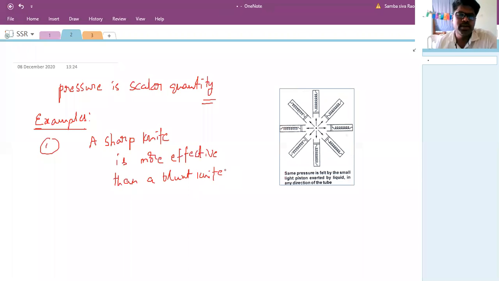This is an example related to pressure. What is the reason here? The difference between sharp and blunt.